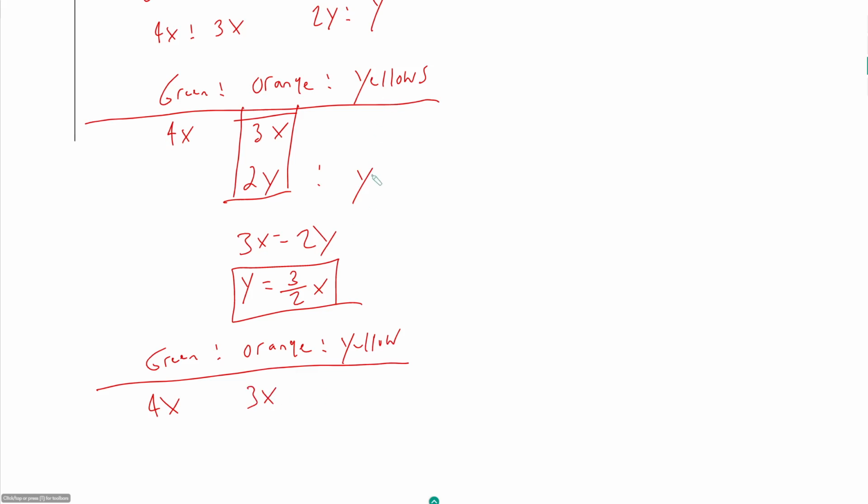And then our yellows are what we have to change. We know our yellows are equal to y, and we know y is equal to 3/2 x. If I want to get all my coefficients as integers, I got to multiply everything by 2. And if I do that, I get my greens, 8x green jelly beans, 6x orange jelly beans, 3x yellow jelly beans in Ronald's.